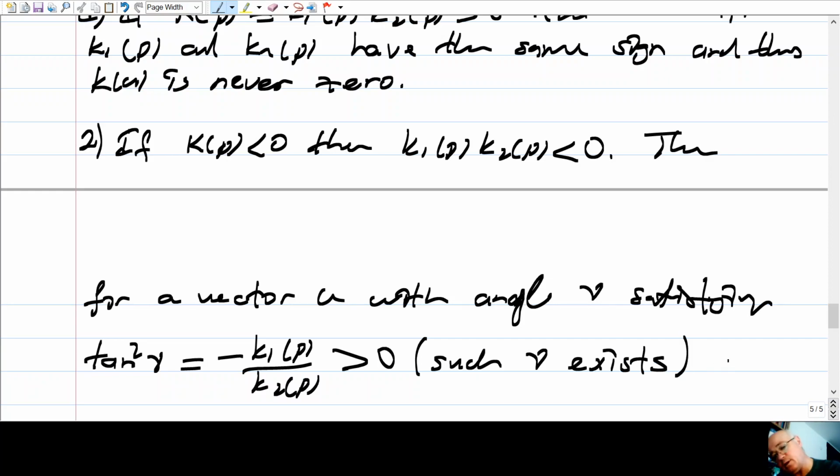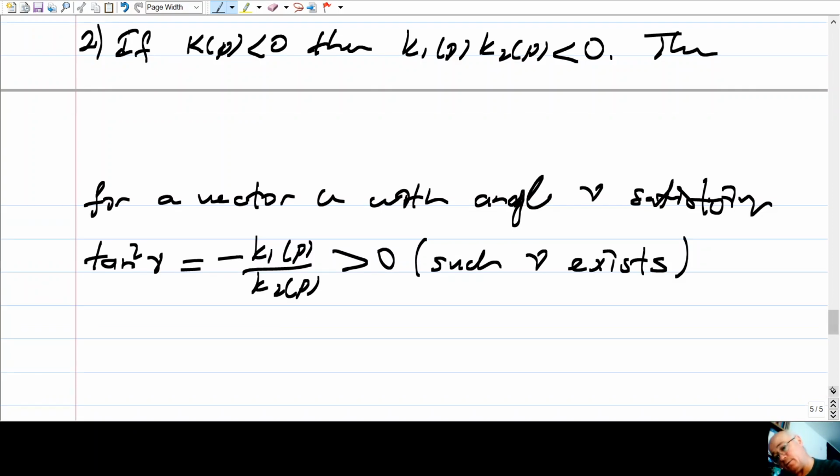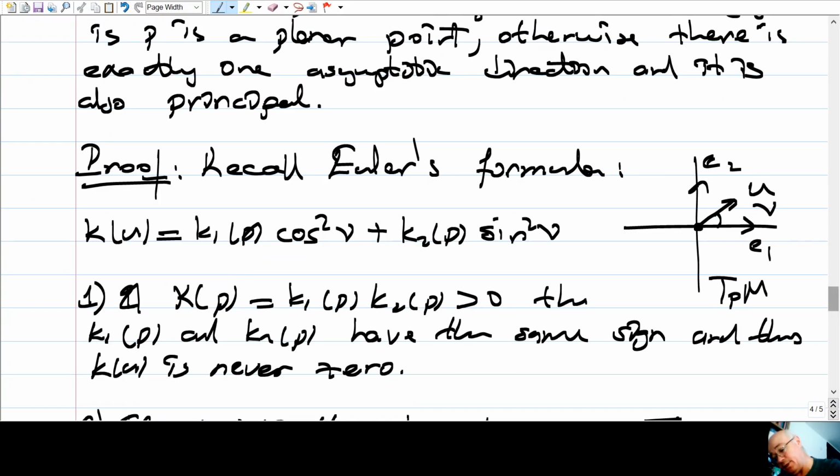Therefore we have two directions, one of them is the positive square root, the other one is the negative square root. So I have two angles, and along those angles, the normal curvatures are 0. Okay, and what happens is this.